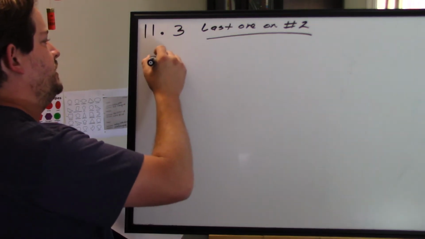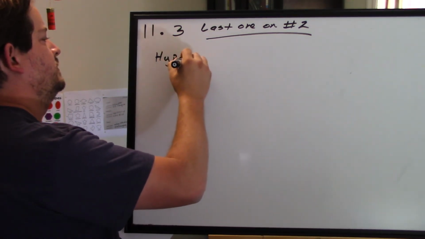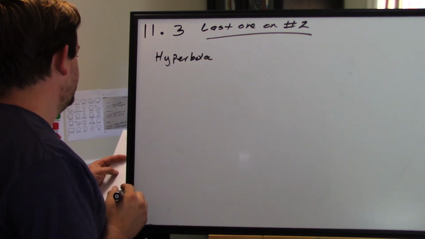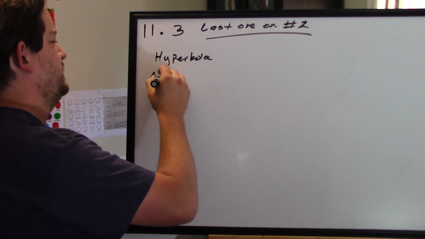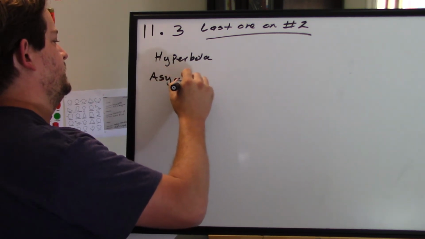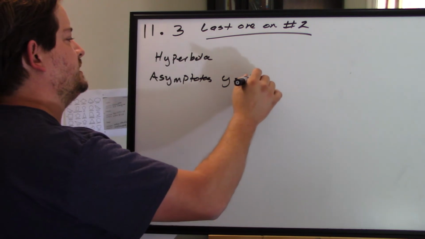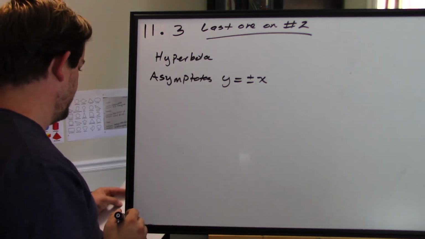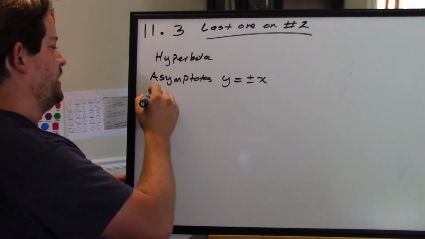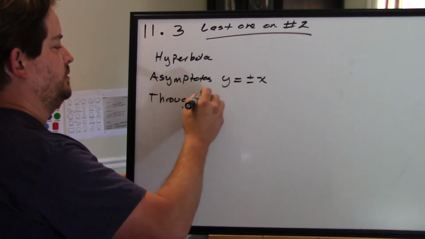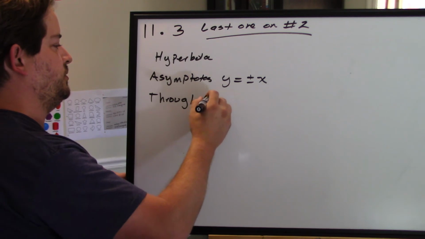I have a hyperbola that has asymptotes of y equals plus or minus x. We'll get to why that's important in a second here. And it goes through the point 5, 3.